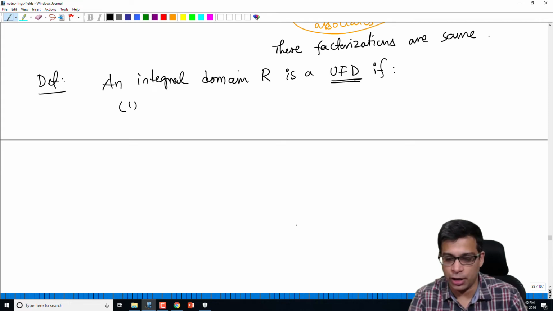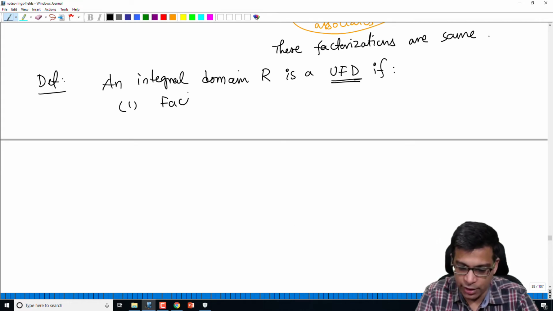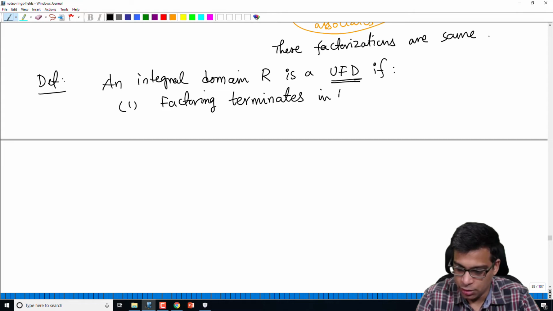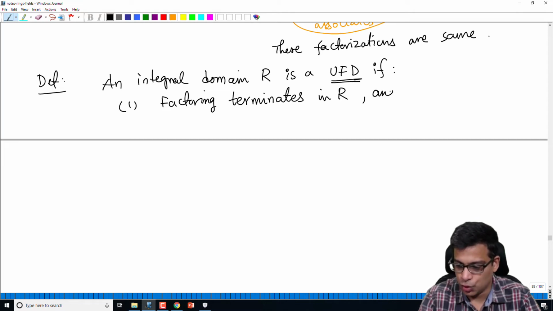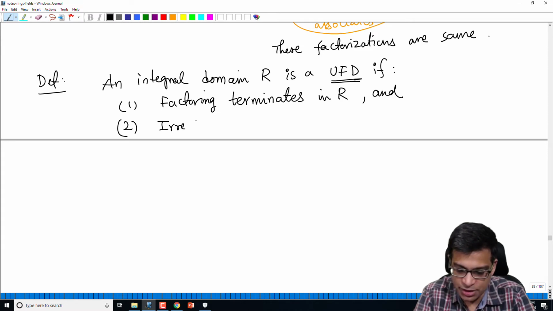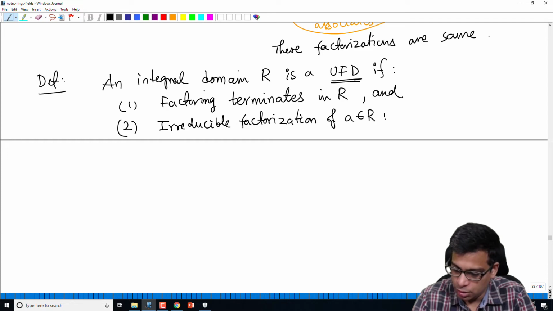So it has to be an integral domain, that's for D. Factorization must exist, so factoring terminates in R. This must happen so that every element has a factorization, and two irreducible factorizations of any element are unique.